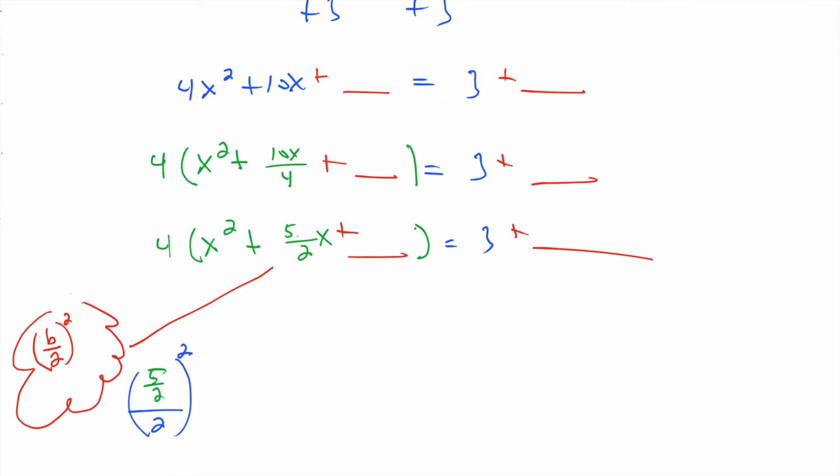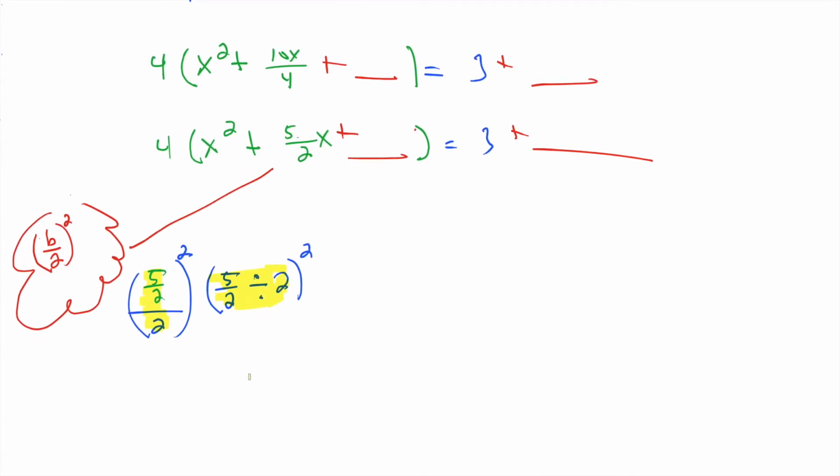I would do that third grade style: 5 over 2 divided by 2, and remember that it's still squared, so everything that's right here is still right here. If you do it third grade style, you avoid making a careless mistake.